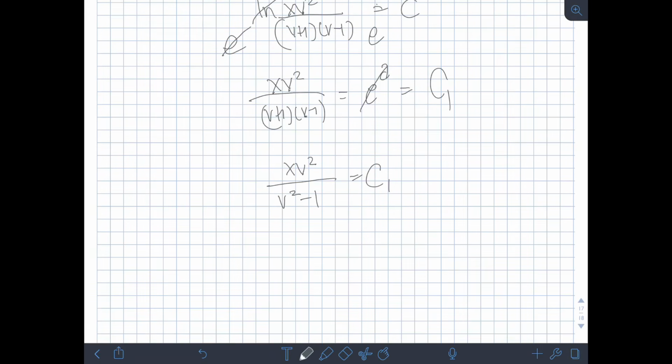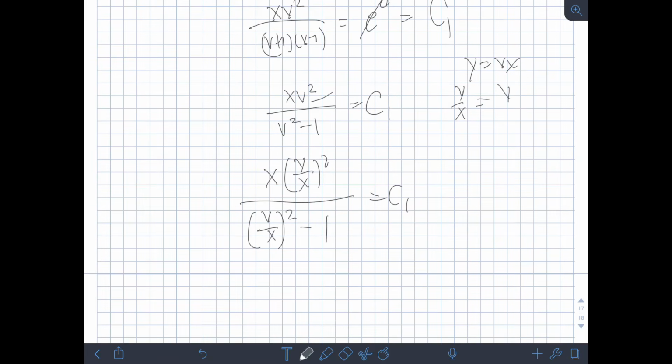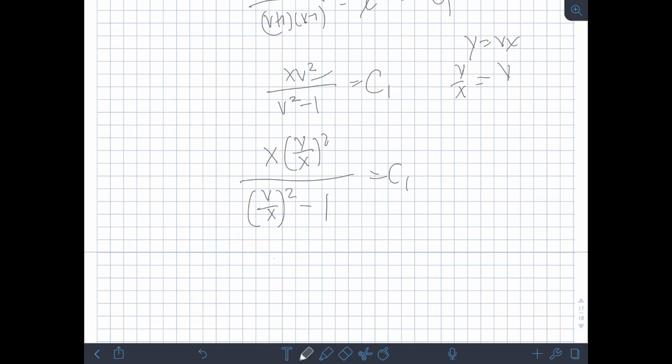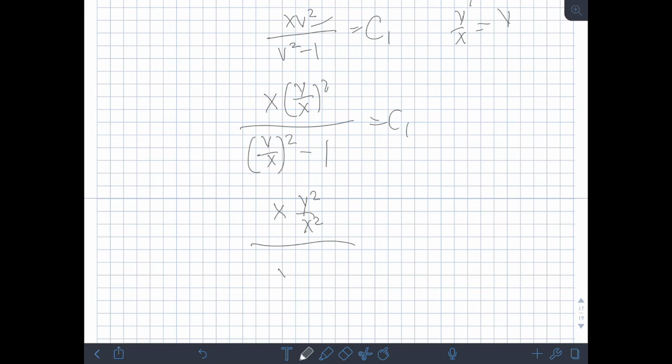So, substitute ngayon natin yung original representation natin na y equals vx, right? So, therefore, v is equal to y over x. So, x times y over x squared, over y over x squared minus 1 equals c1. Okay? So, we have x times y squared over x squared over y squared over x squared minus 1. So, ito cancel yung isa.